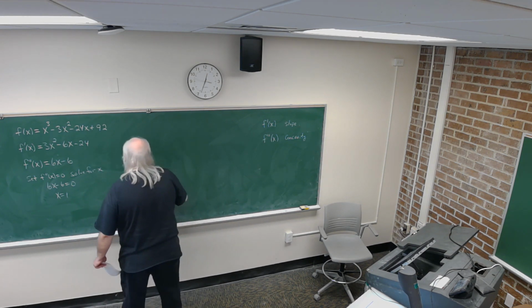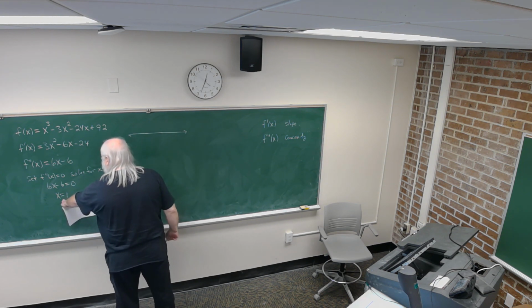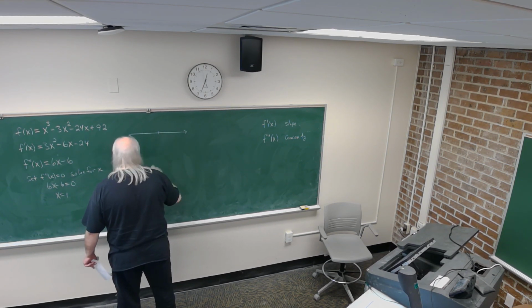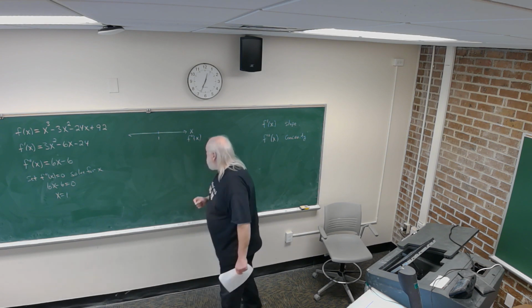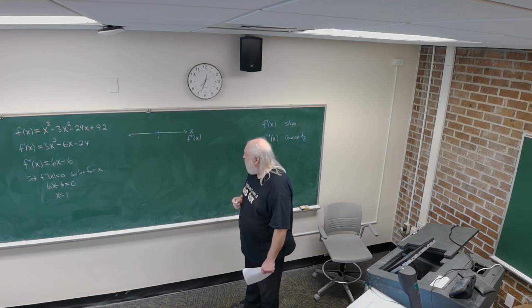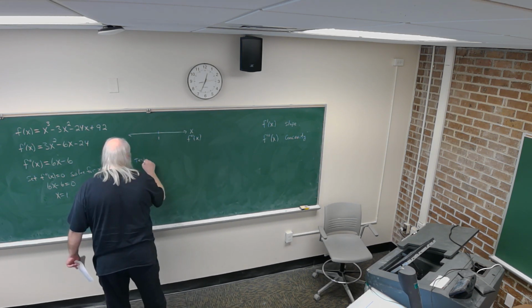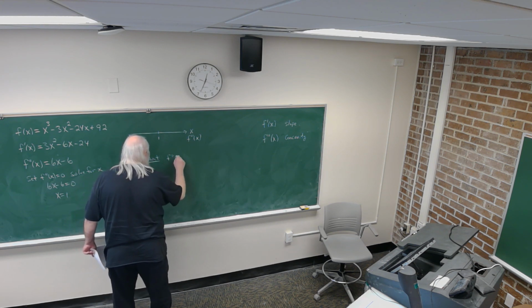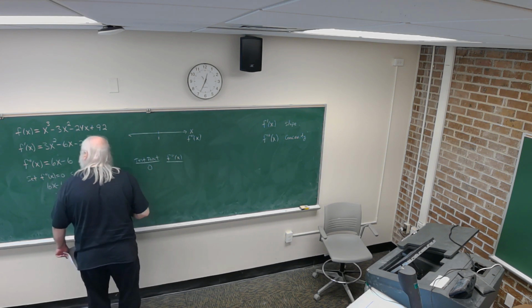So then we take these values of x that make the second derivative equal to 0 and use them to divide up the real number line. And then we have to do a test point method with the second derivative. So, test point, value of the second derivative. 0 is less than 1.